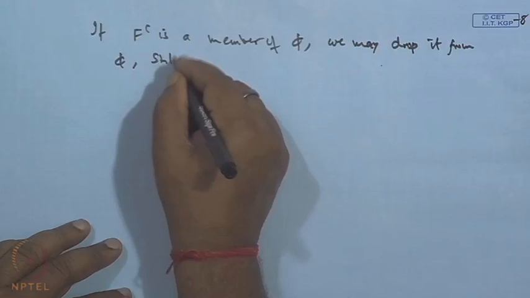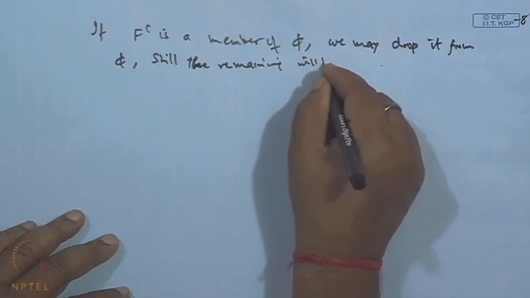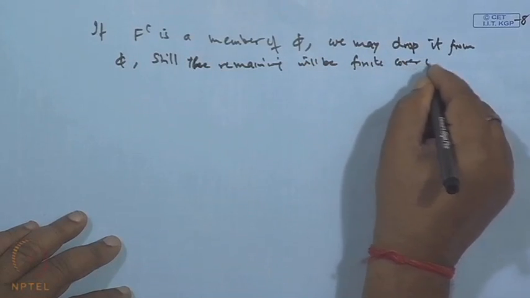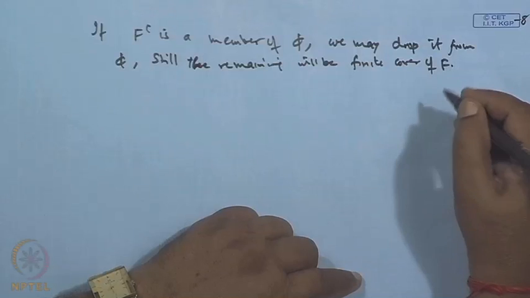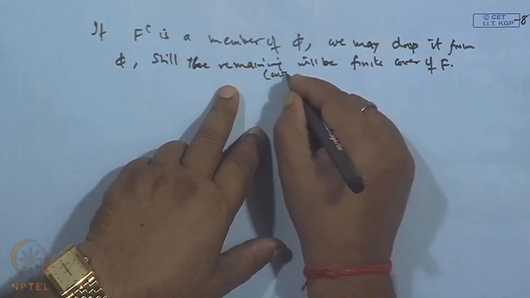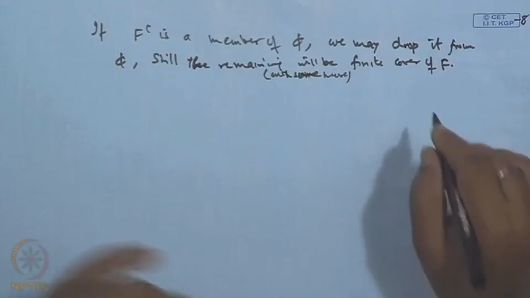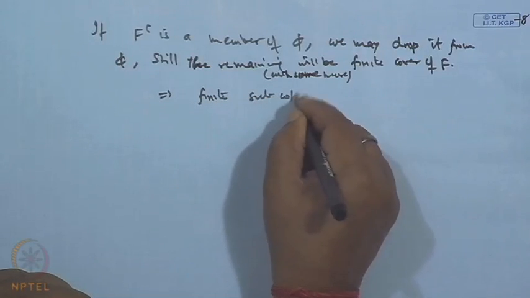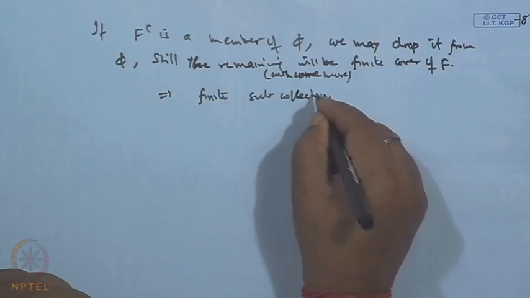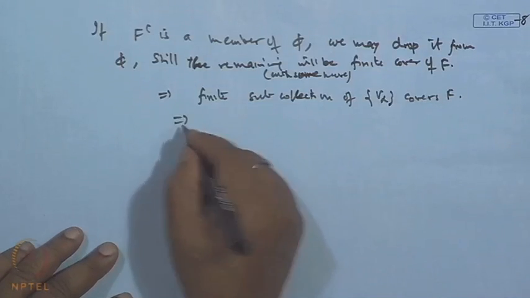Still the remaining will be a finite cover of F, still retaining an open cover of F. But this implies that a finite sub collection of this open cover V alpha covers F. So this shows F is compact.